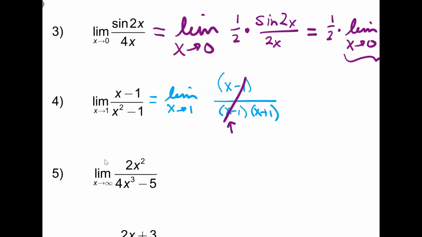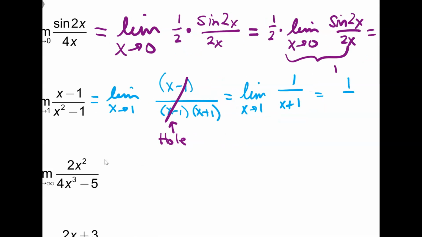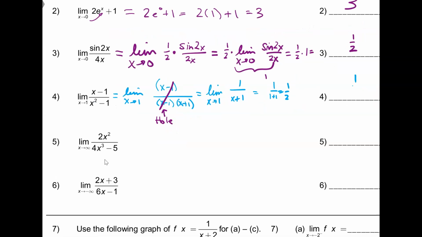Exactly. You don't have to write this on your test. This is part of the review. But literally when you can cross something out to remove all discontinuity, it's a hole. Wonderful. All right, good job. Keep going, Ty. At this point, you can plug in x equals 1, so it'd be 1 over 2. Oh, my bad. 1/2. Perfect. Exactly.